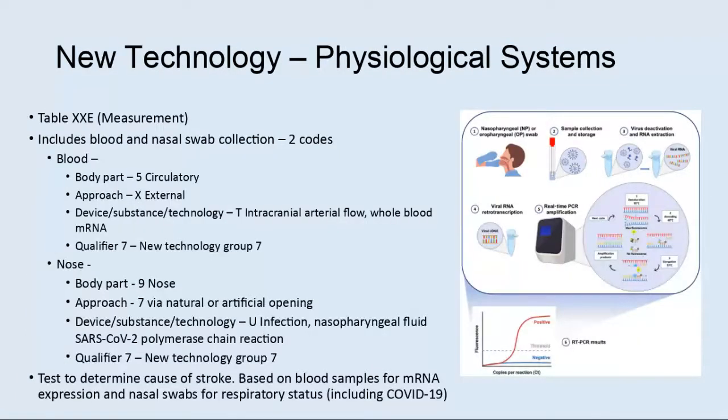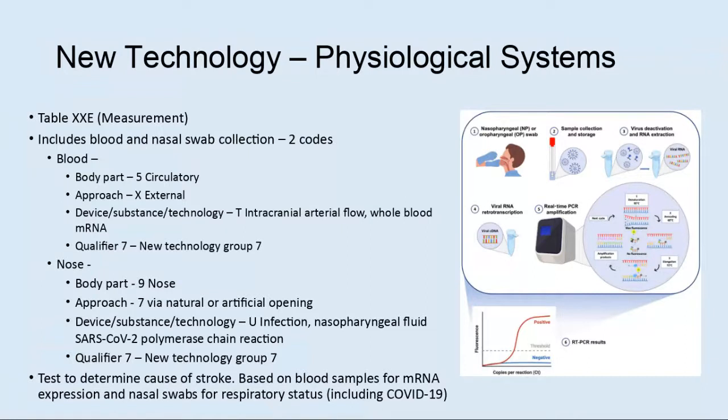So another one for measurements is table XXE measurement, and this is two codes, two different procedures reported together, but two different codes. So it's the test to determine the cause of a stroke. It's based on blood samples for mRNA expression and nasal swabs for respiratory status.